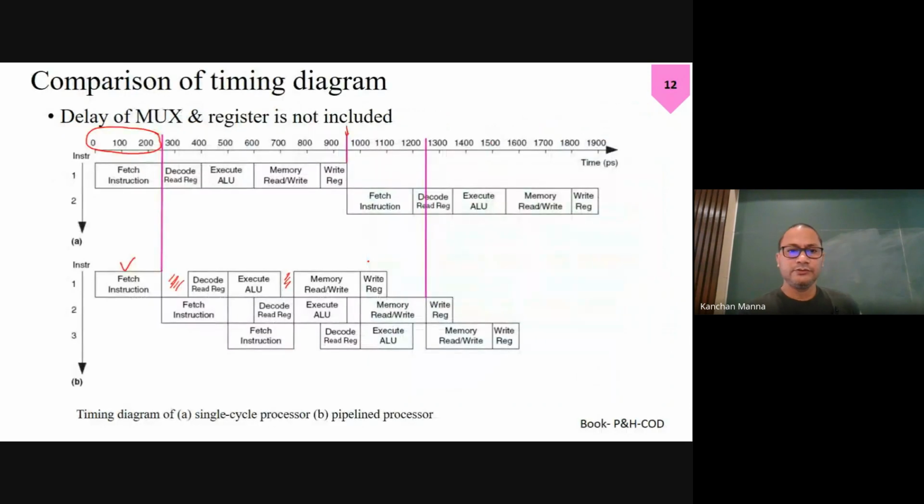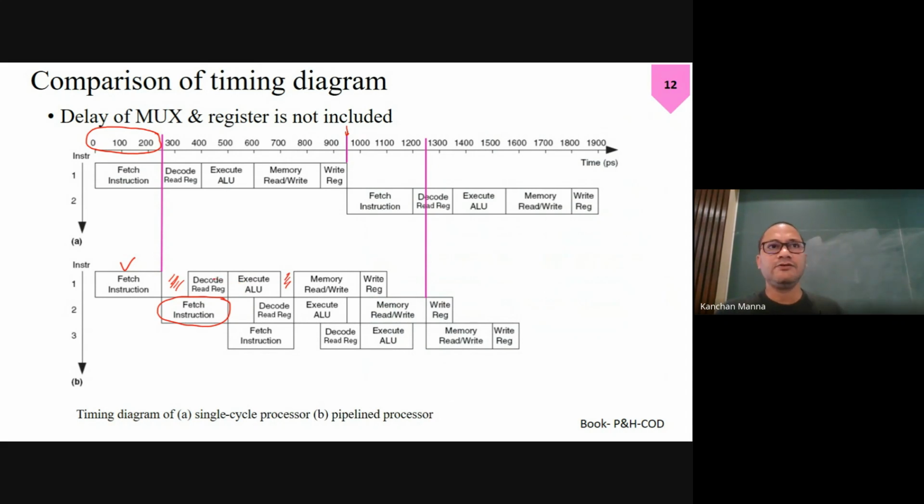Similarly, you can see here after 250 picoseconds, we are fetching the next instruction. So in this way we are fetching the instructions.